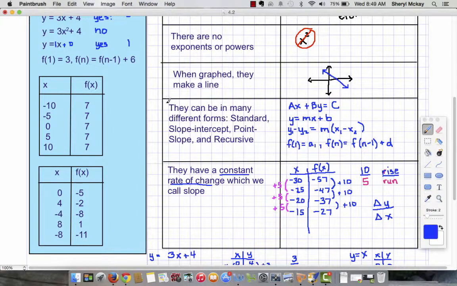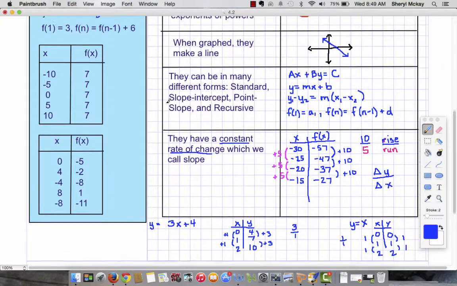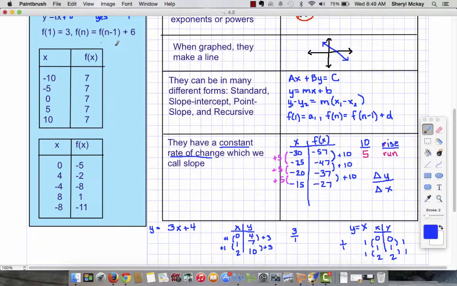I'll make a table with n and f of n. So, the first term, when n is 1, f of n is 3. F of 1, meaning the first term, is 3.